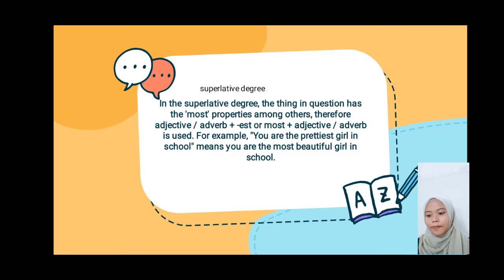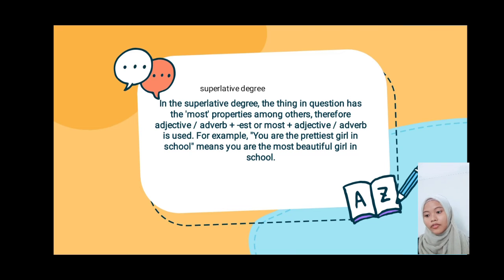For example, you are the prettiest girl in school means you are the most beautiful girl in school. The superlative degree can use most or est.